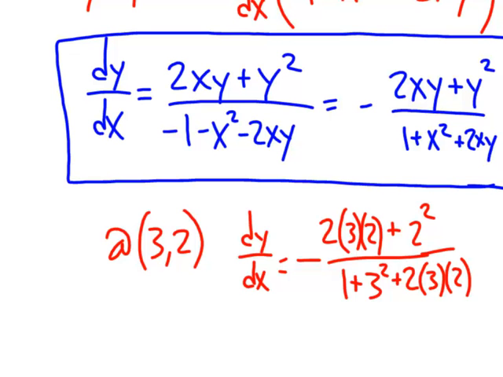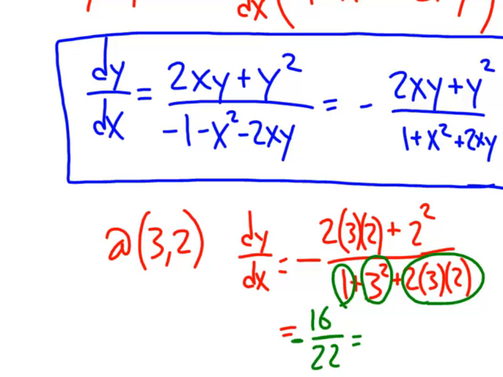It doesn't take us very long to check that that's going to be, let's see, 12 plus 4, so that's 16. Let's not forget that negative out front, over 1 plus 9, that's 10, plus another 12, so that's 22. So that's -8 over 11, which as a decimal is approximately -0.7272, or I'll just put -0.72 repeating.